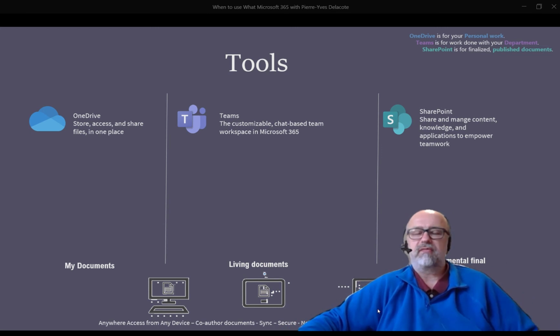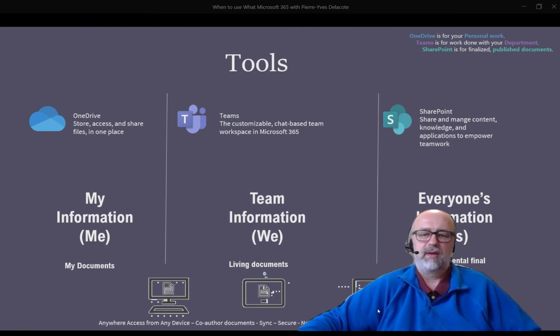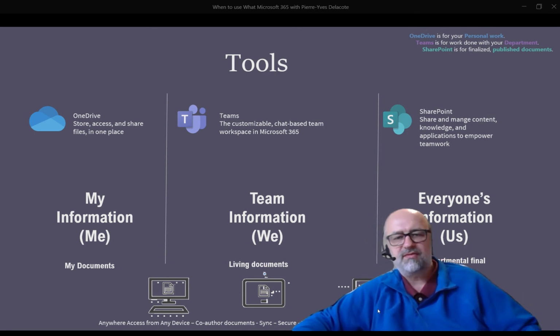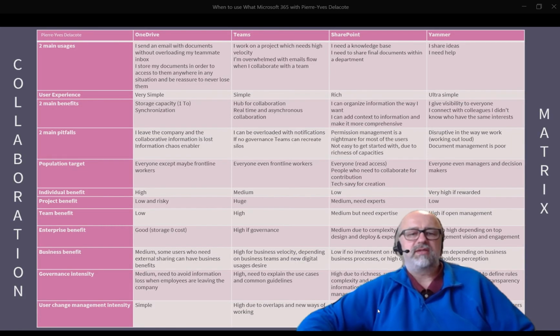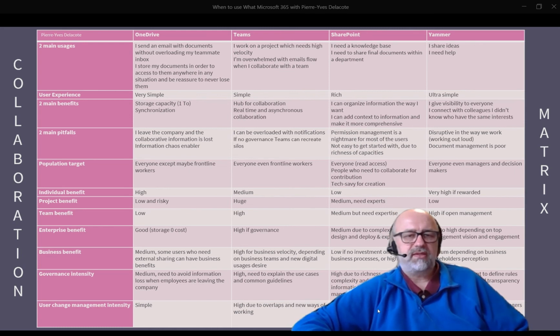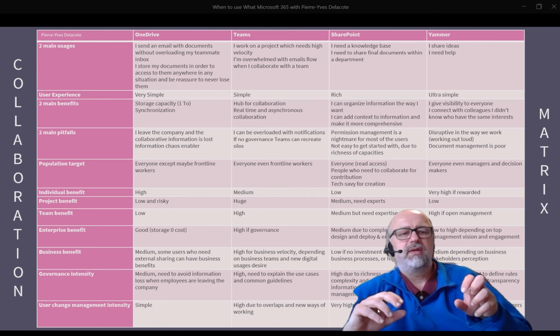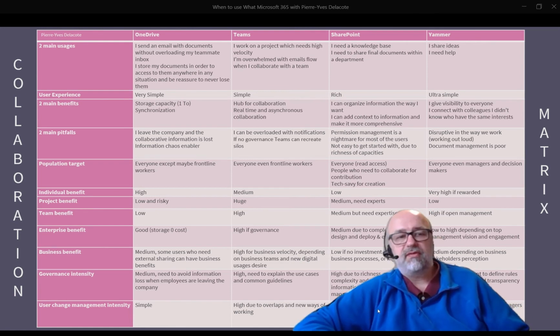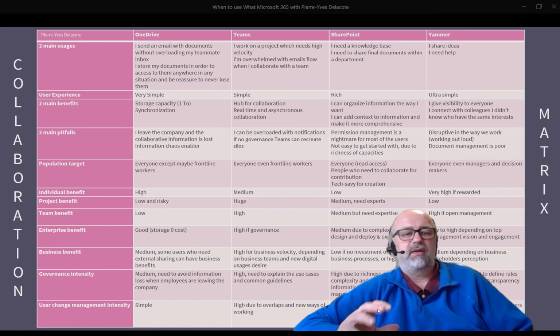So that's another infographic that I usually use with my customers. So me for OneDrive, we for Teams, and us for SharePoint. This is another matrix I built that I think had quite a success. It positions OneDrive, Teams, SharePoint, and Yammer, showing the two main usages, the user experience, how difficult it is, the main benefits, two main pitfalls, the people you're targeting, the individual benefits, etc. You can read all these metrics.